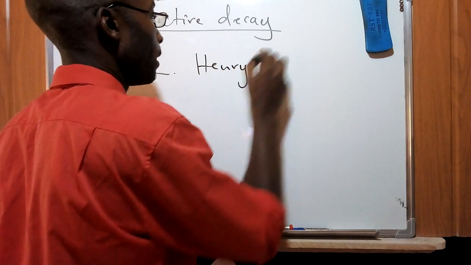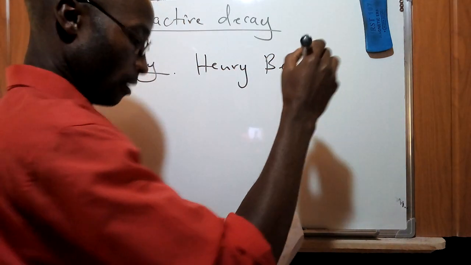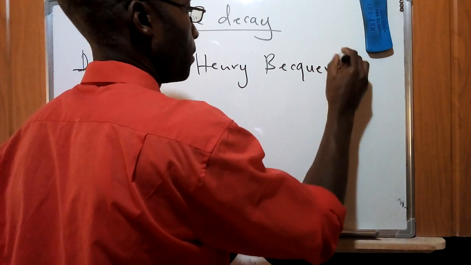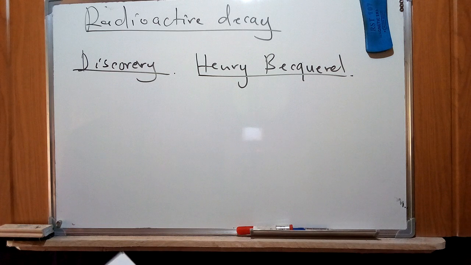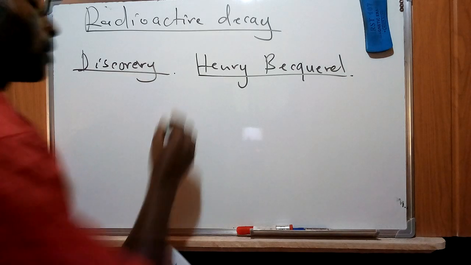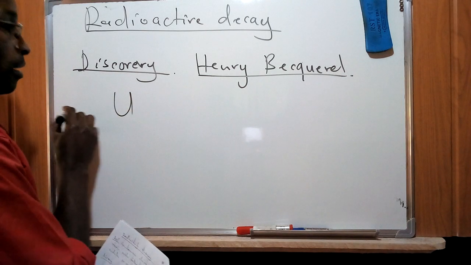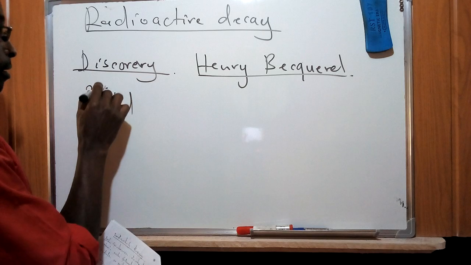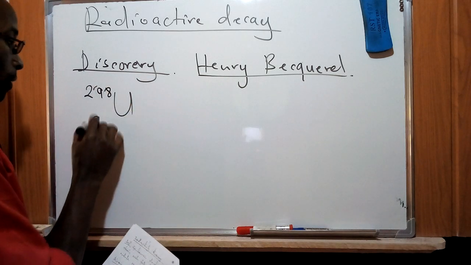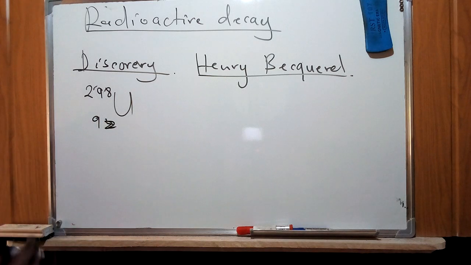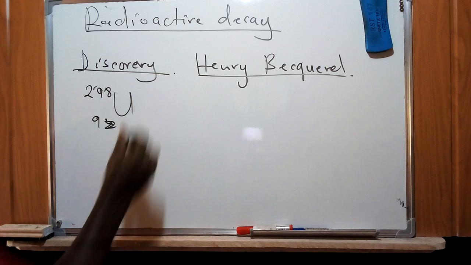Henry Becquerel. I hope the spellings are okay and the pronunciation may be different, but this individual observed that uranium compounds emitted invisible radiation. We're going to see this element known as uranium and how it is involved in this concept of radioactivity.